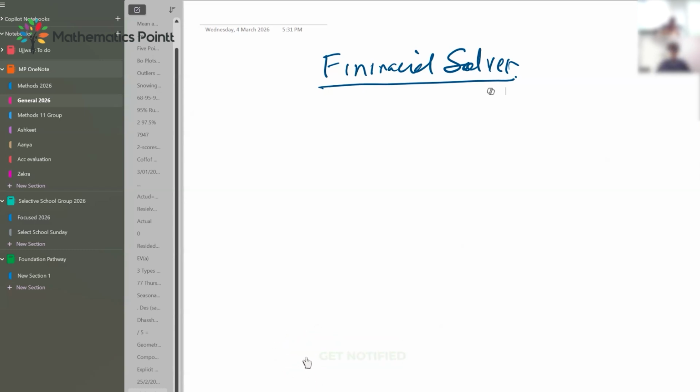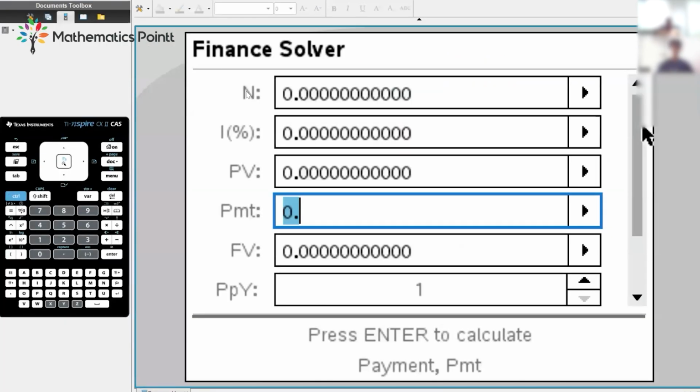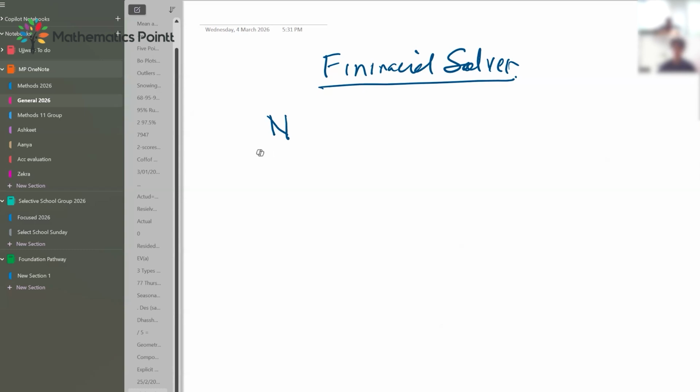Now, when you see the financial solver, the first thing that you see is N. You see here, N. Now, N is the number of payments involved in the question.